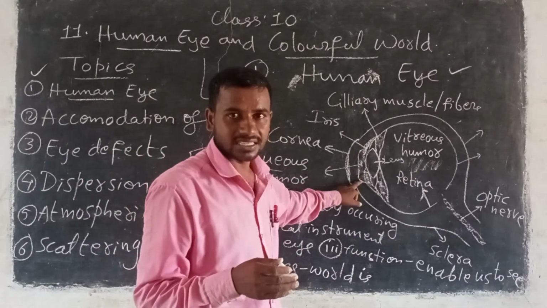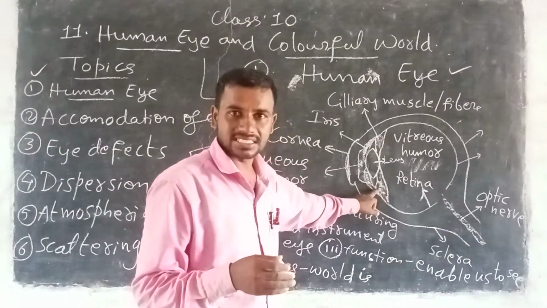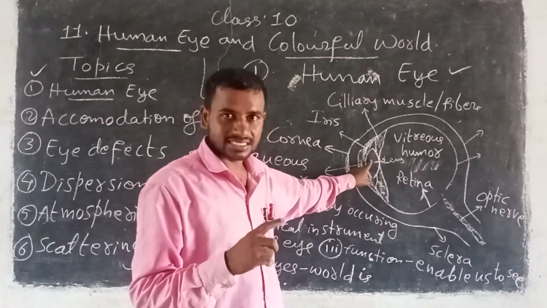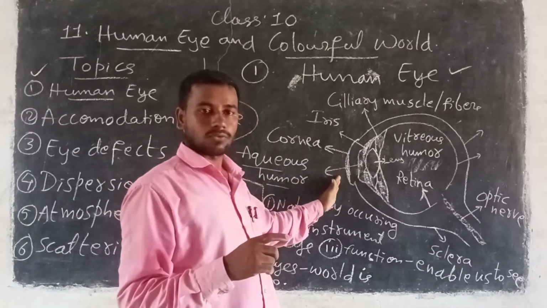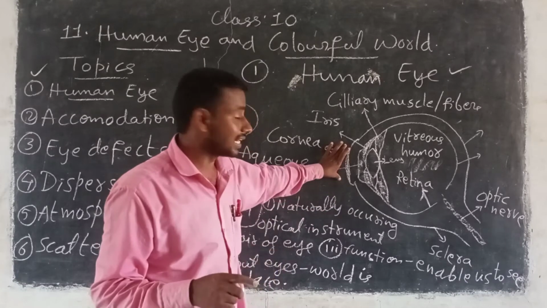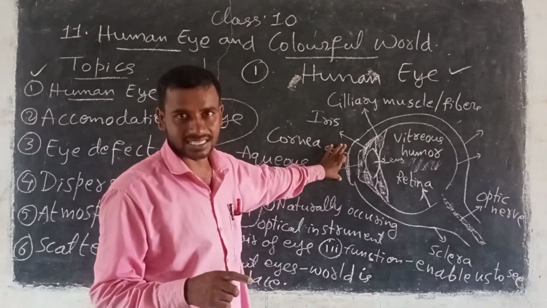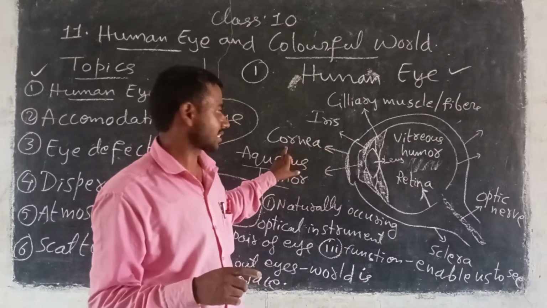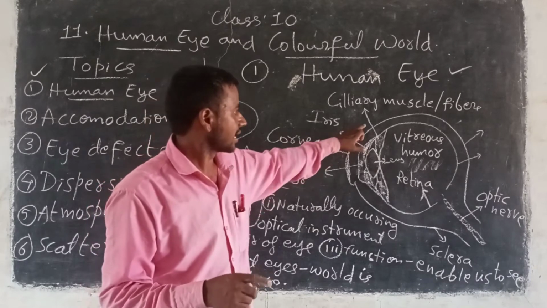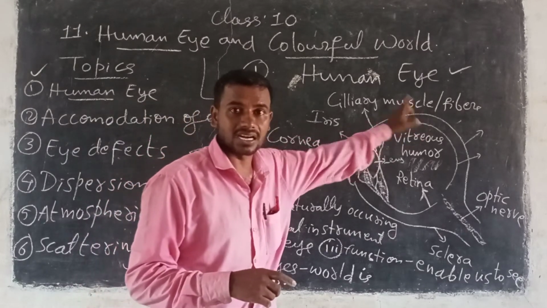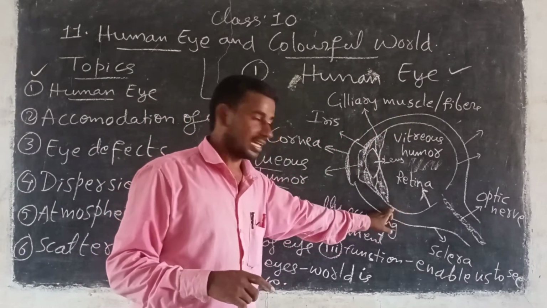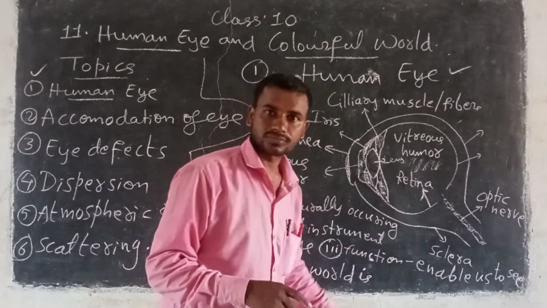Clearly, two irises are there, two ciliary muscles are there, one eye lens is there. In front of that, one layer there. Here, one bulged layer. That bulged layer is called the cornea, and this upper layer is called sclera. Inner layer is called choroid.